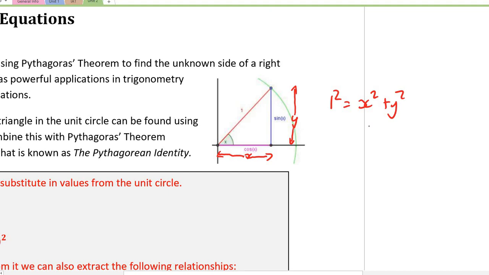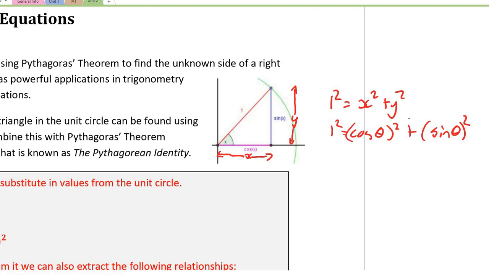Let's do one as a for instance. So I also know that x squared is given by cos squared of my angle, and y squared is sine squared of my angle. Have I changed the value of that equation from the first to the second line, guys? No?